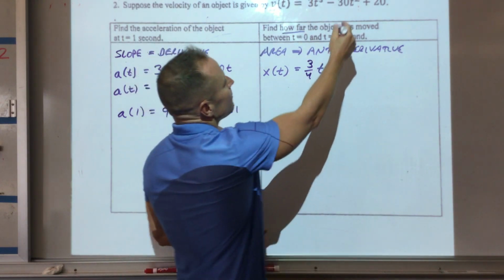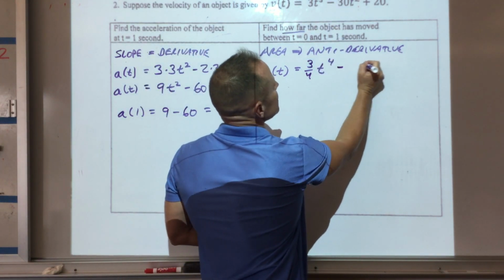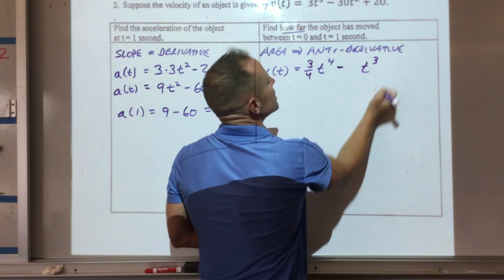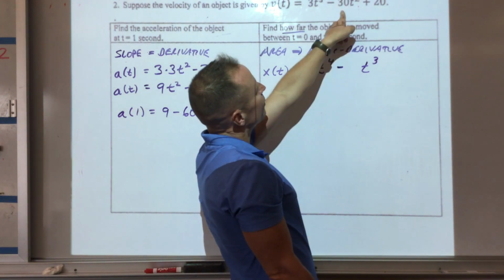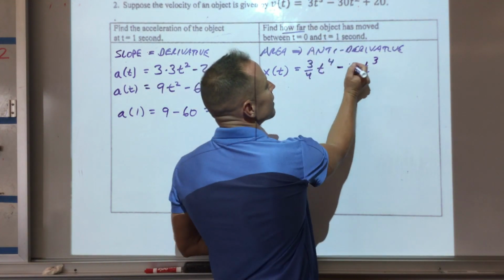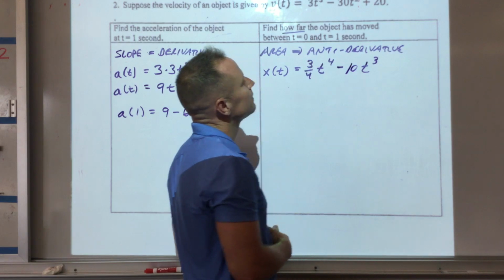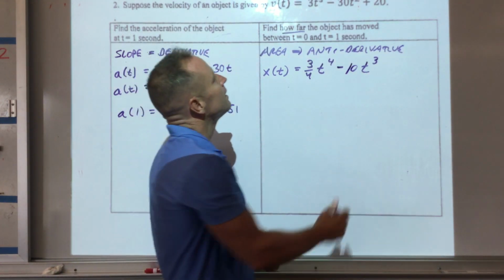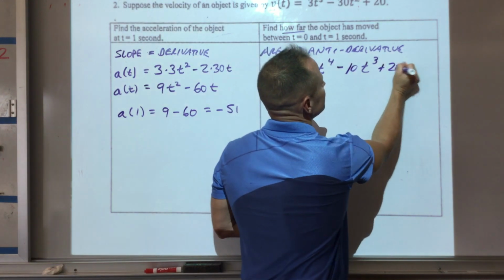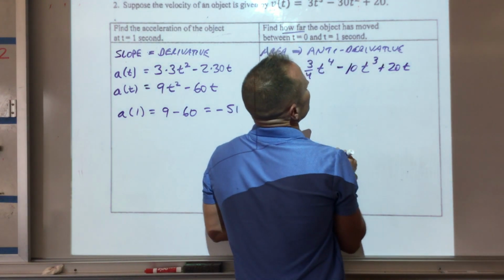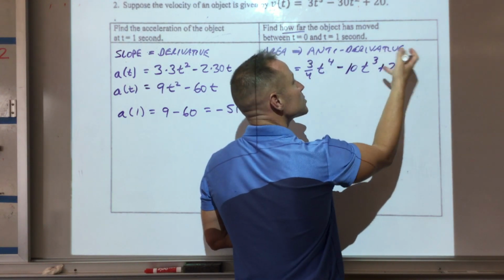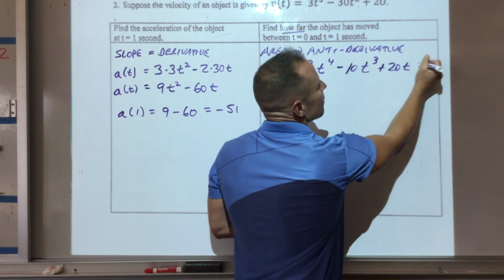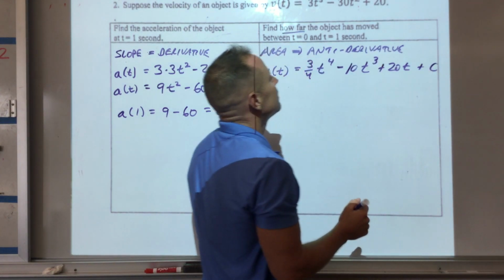Then, minus something t cubed. I don't want 3t squared, I want 30t squared. So that's going to give me a 10 in the front. 30t squared, good again. And then plus 20t. You can check it. 1 times 20 gives you 20. And then plus an arbitrary constant.